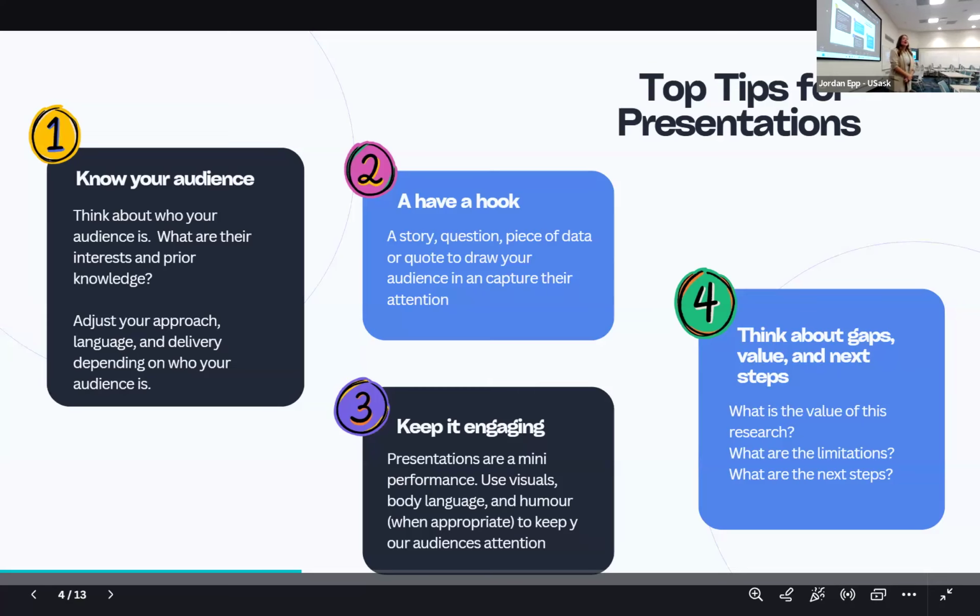It's good too if you have a problem of practice that your research is actually aiming to solve in some way. Starting with that is always great because it says, in the world, we have this problem of practice, and this research is looking to solve one of the gaps that is part of that.